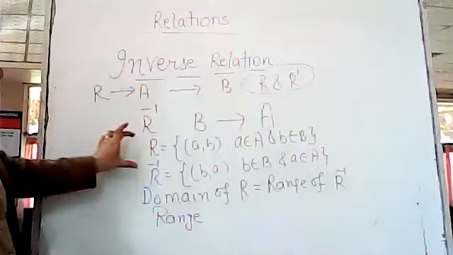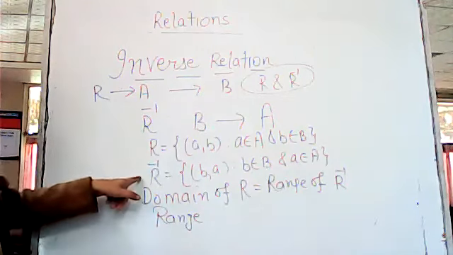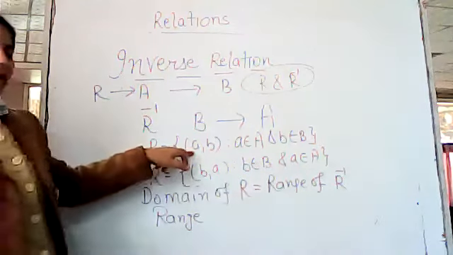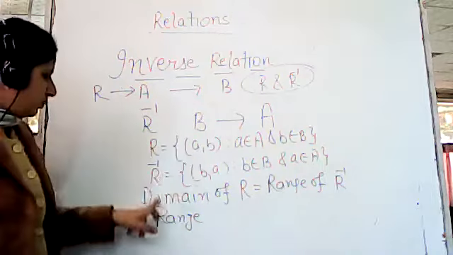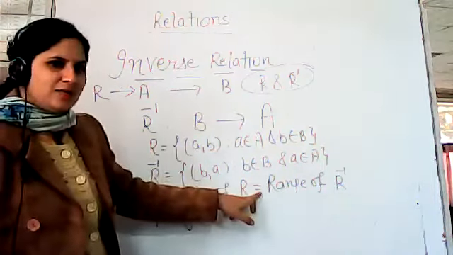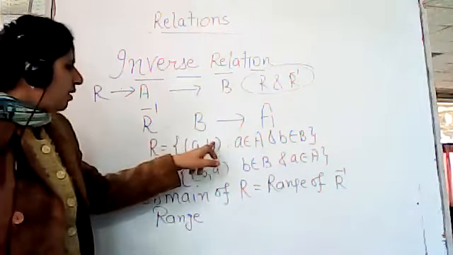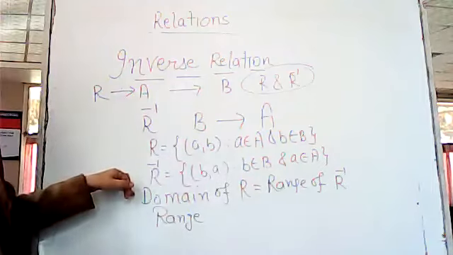For example, please have a look at this definition. This is the relation and this is the definition of inverse relation. Now, what is the domain? Domain means the elements which are placed at first position. So domain of R is equal to this. Now in this case, the positions of A and B are interchanged when we are talking about the inverse relation.